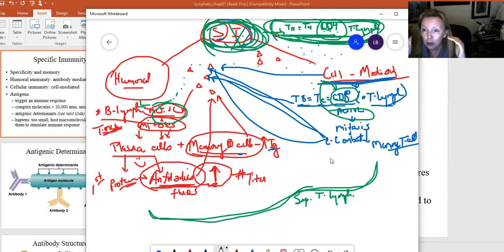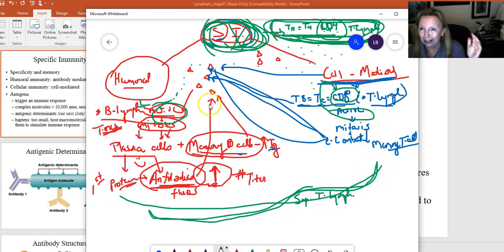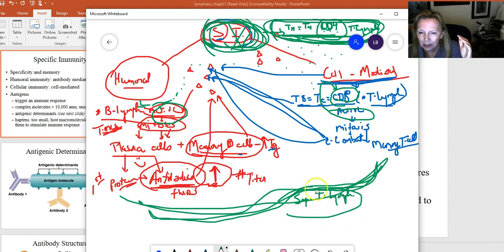You want this entire response to be a measured response. You don't want too much collateral damage being done to your own tissues. So these suppressor Ts are going to monitor this response and make sure there's not too much collateral damage.